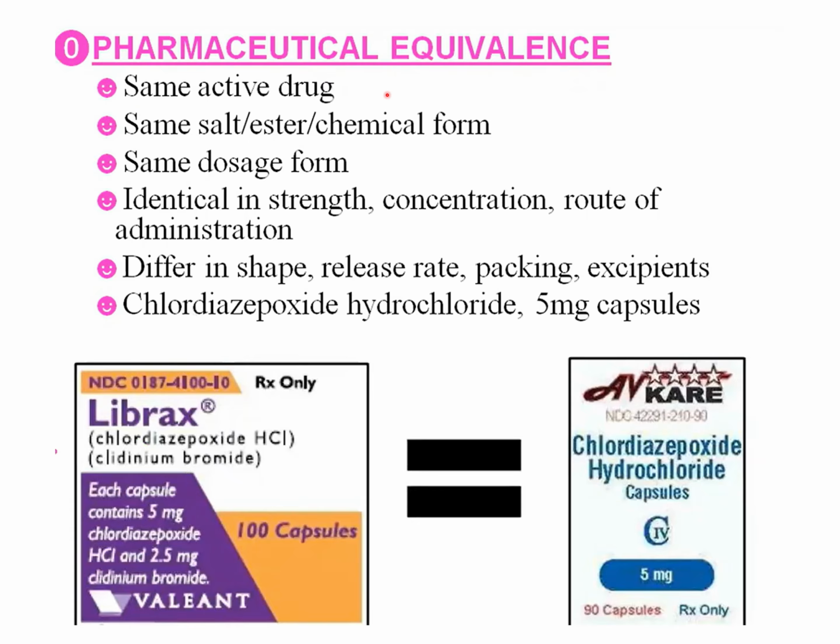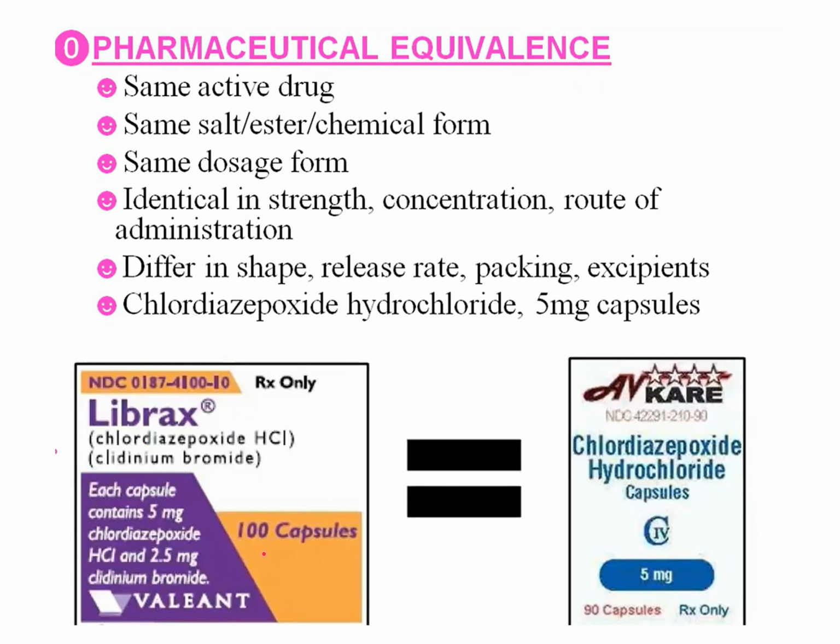They would have the same active drug, same salt or ester or chemical form, same dosage form, and be identical in strength, concentration, and route of administration, but they would differ in shape, release rate, packing and excipients. For example, chlordiazepoxide hydrochloride 5 mg capsule. So this is the overall pharmaceutical equivalence.